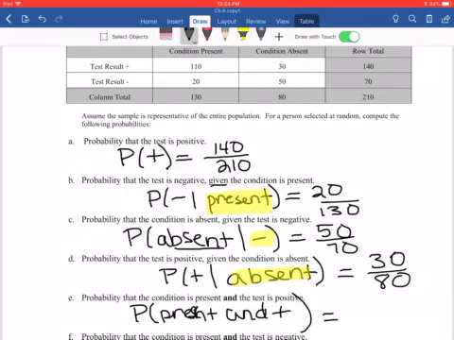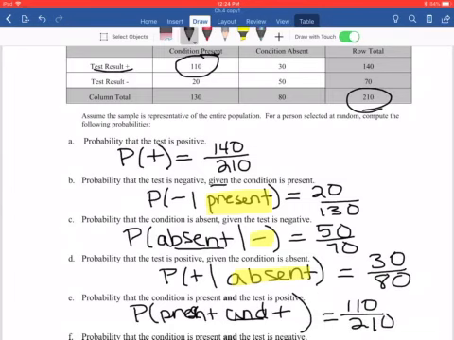Now, the trick with contingency tables, when we're dealing with and, we only have to find where they intersect. So the probability that the condition's present, right, and positive, where do those intersect? Right here. So it's 110 people out of our total sample of 210.